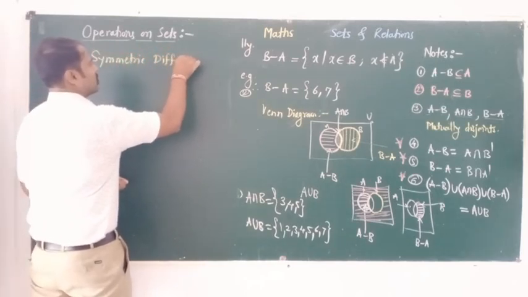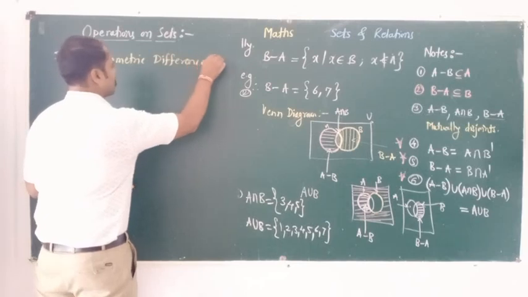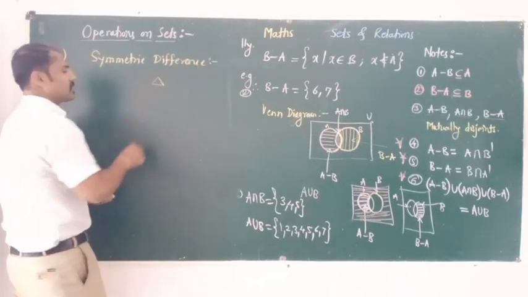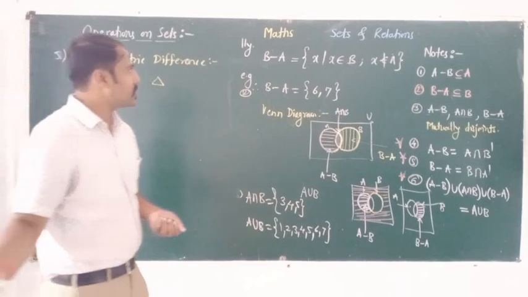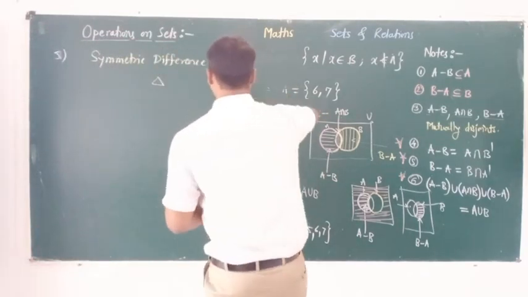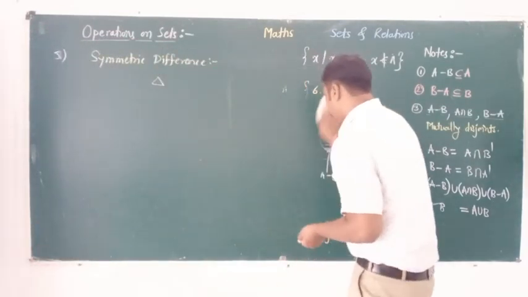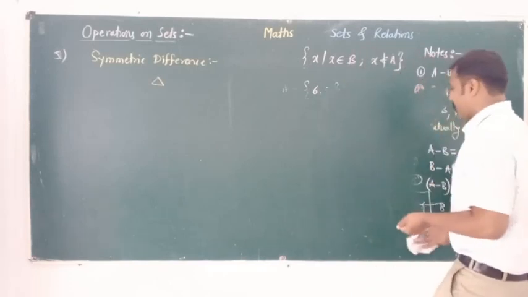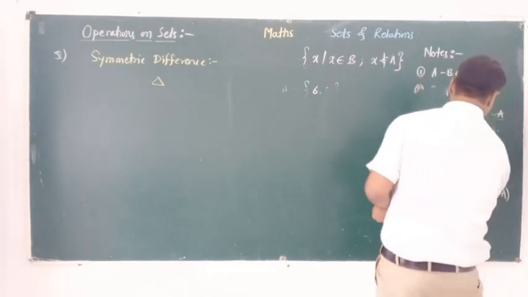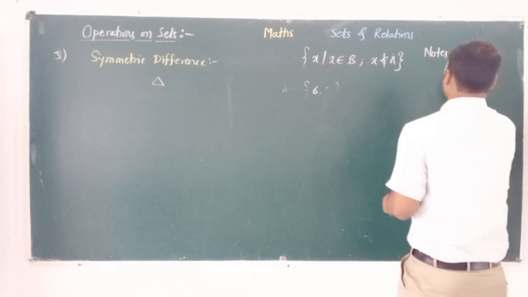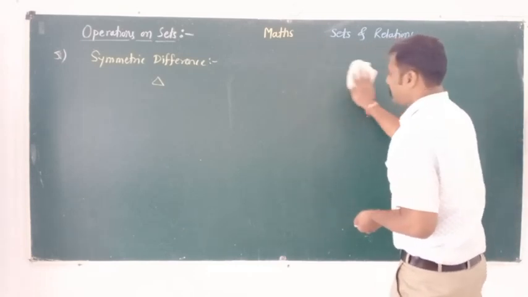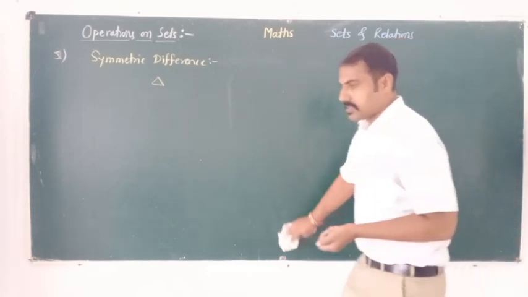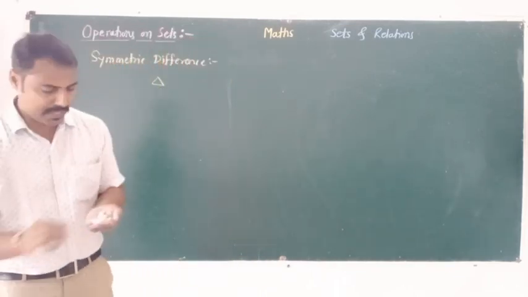The notation for symmetric difference of two sets is denoted by this delta. Delta stands for symmetric difference. The symmetric difference between two sets A and B is now denoted as A delta B.